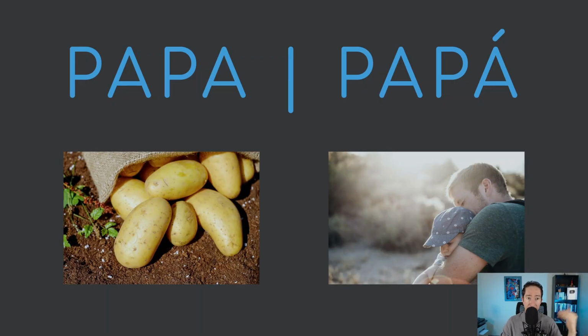Papa without accent is potato, and papá with accent is dad, father. Okay, so you have to keep in mind that the symbol over the letter, like in the first word, avión, airplane, is something that you will understand with time.